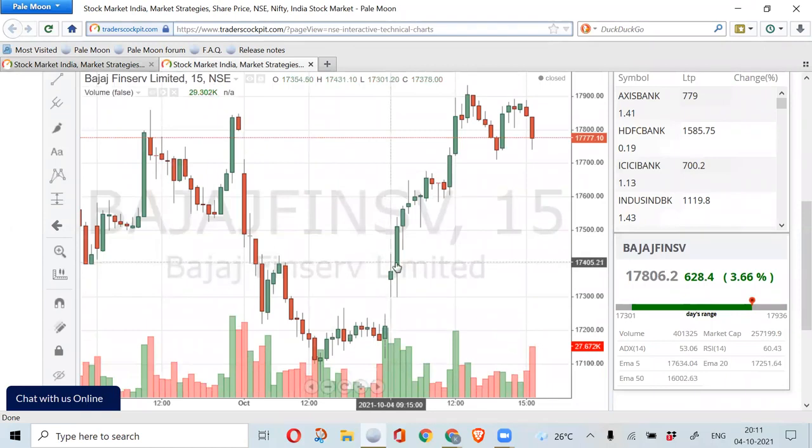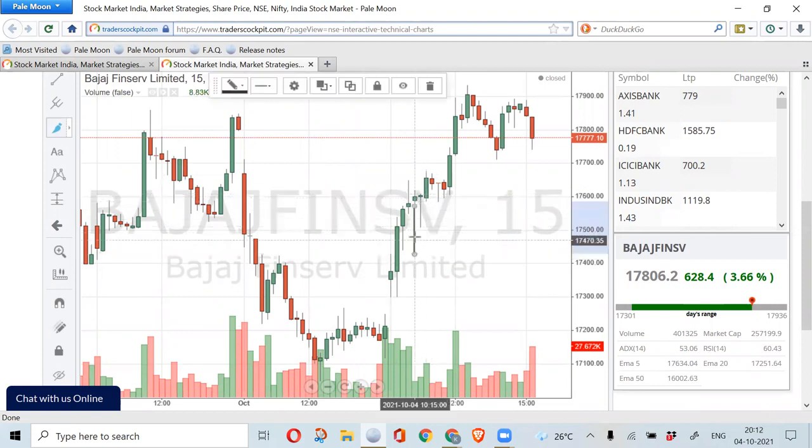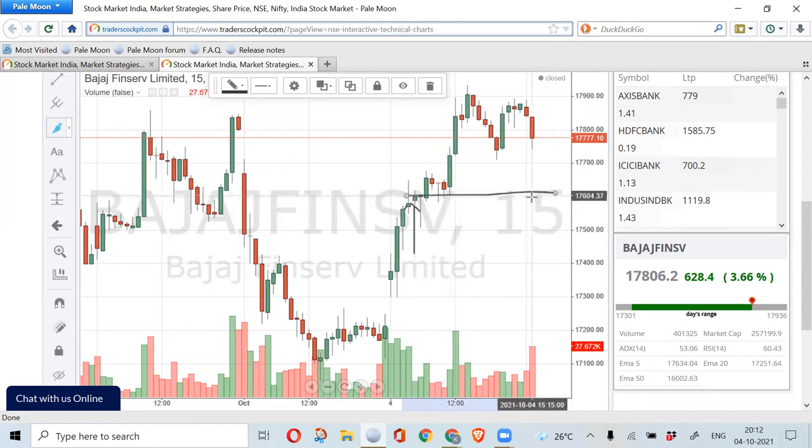If you see the morning 10:15 candle, a bullish setup is formed at this particular point. And starting from that, you can take an easy decision to go in bullish direction. And starting from 17,600 to 17,900, a continuous bullish setup is formed.